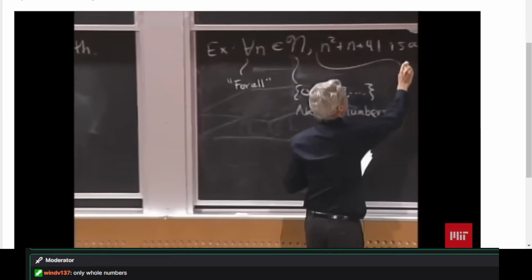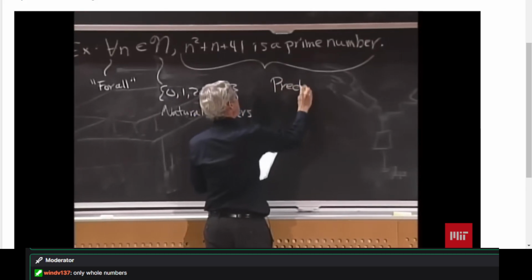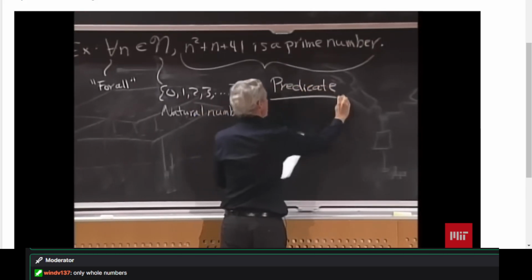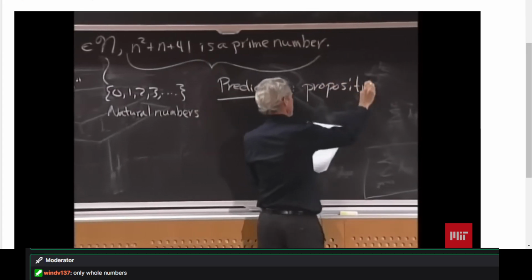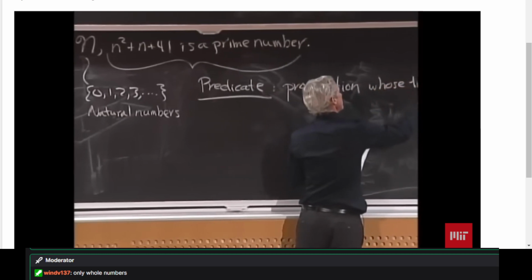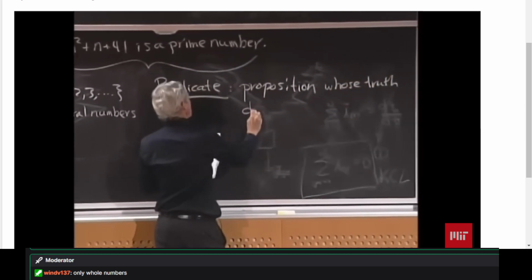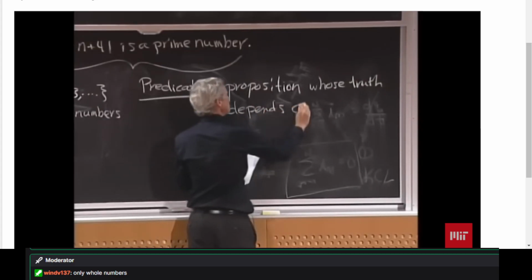Now, this part here is called the predicate. A predicate is a proposition whose truth depends on the value of a variable.